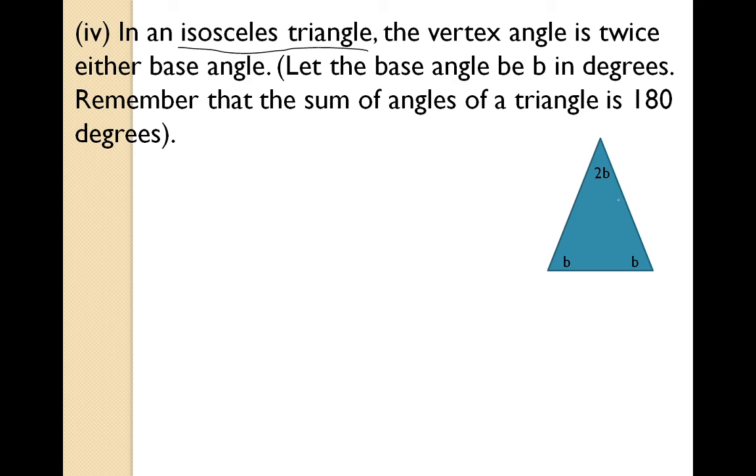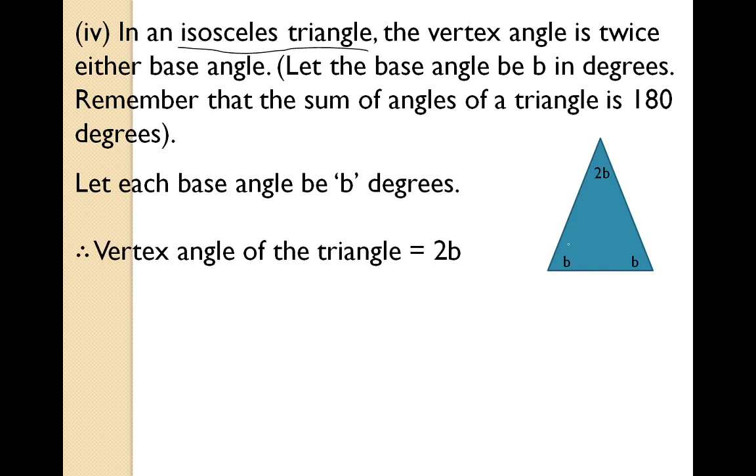That means if 2 sides are equal, their base angles are also the same. So let each base angle be b degrees and the vertex angle is twice, that means 2 multiply the base angle, that is b. So 2 multiply b, that is 2b. Look at here, base angles are b and the vertex angle is 2b.